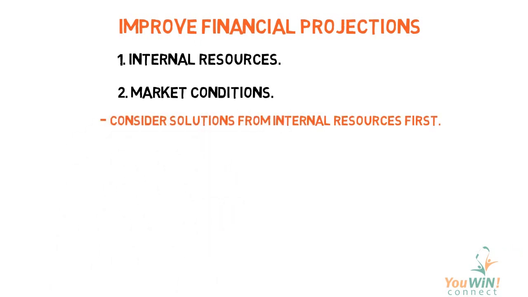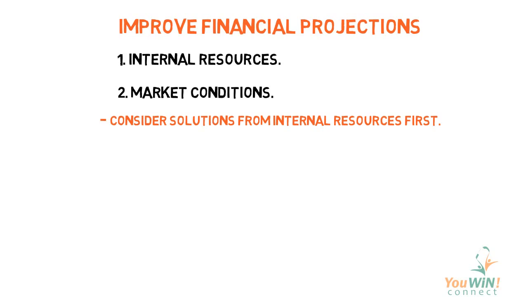So let's consider things from internal resources. We can actually adjust investment scope, which reduces the amount of money that would be invested in the project. We can change the size of inventory and decide not to keep as much as we would have kept if we were looking at an optimistic position.